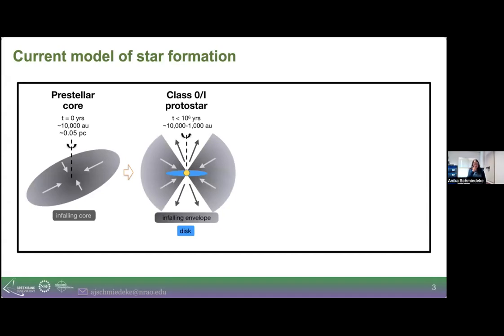It continues on into the next stage. It collapses and forms the dense central core. This is depicted here with the yellow little spot, that's our protostar. You form a disk around this due to conservation of angular momentum. And then you also get these outflows that are opening up in the envelope that is further infalling.